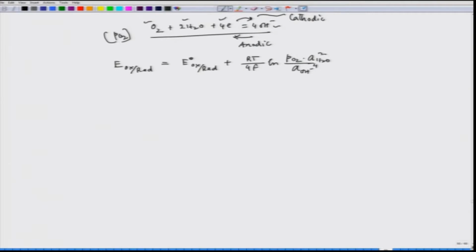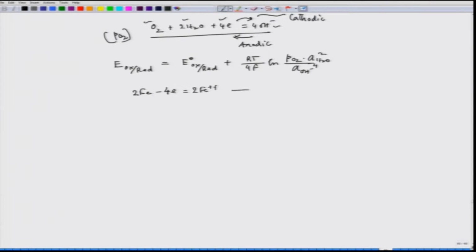Now, when we have iron corrosion, then we have this reaction. This is the oxidation reaction that takes place. Now, if we multiply by 2, then it becomes 4 and this becomes 2.